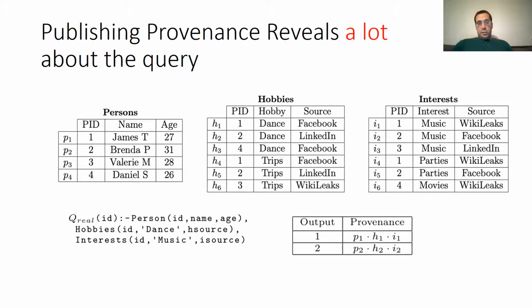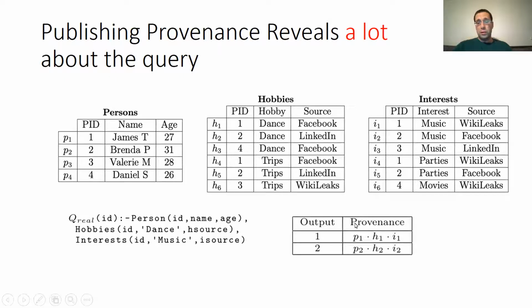In general, the answer to the first question of whether publishing provenance reveals the underlying query, well, it reveals quite a lot about it, at least for the models that are commonly used in the literature for provenance. So to illustrate that, let's look again at the query that we looked at before, and notice that even if we are given just one output tuple along with the provenance, then we already know quite a lot about how the query behaves.